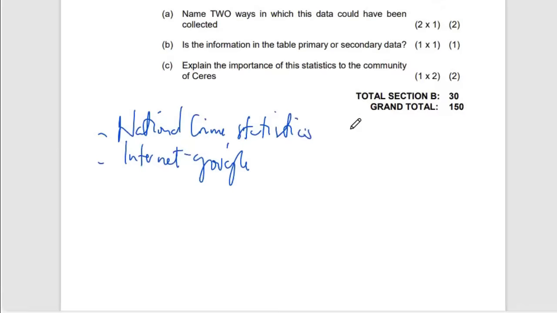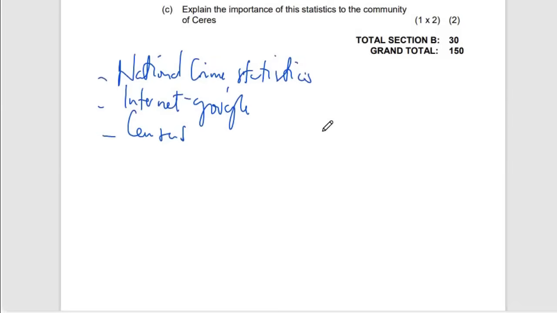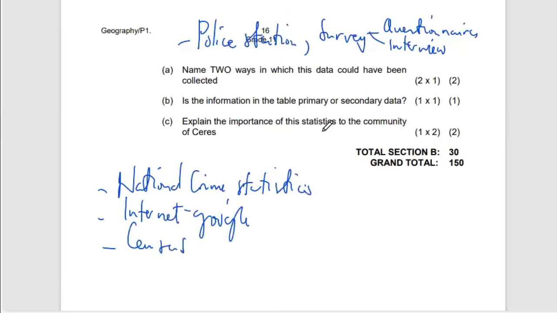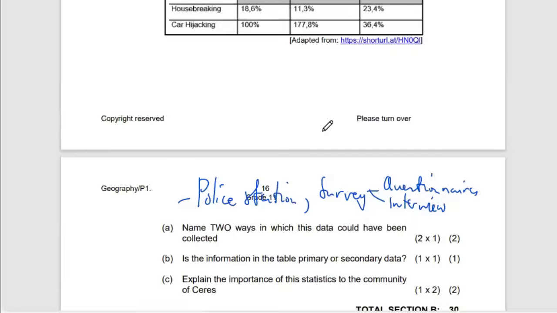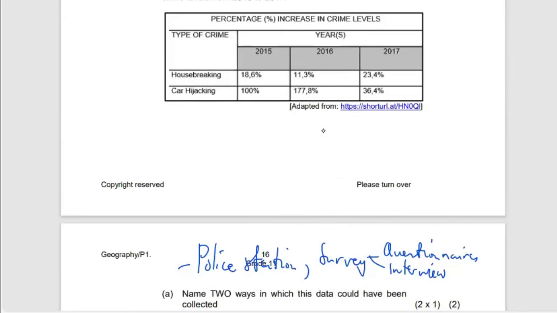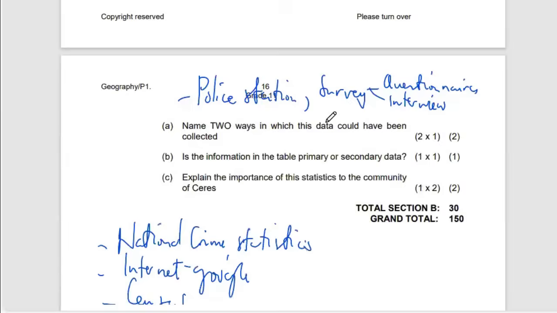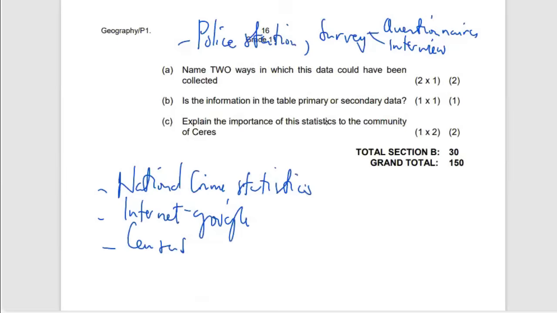Right. Also, we can use the census. It can also assist us in finding information about crime. Then the next question is saying, is the information in the table primary or secondary? This is presented information. It's secondary information, secondary.